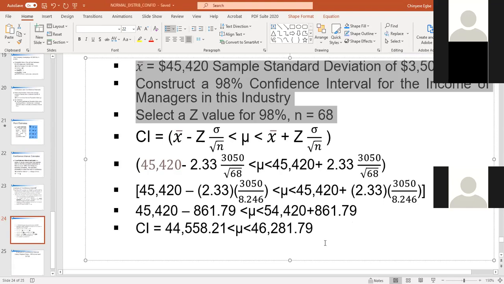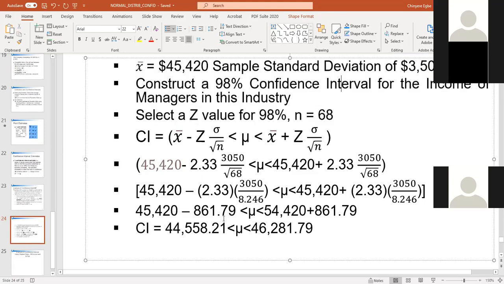Now that we have done that by hand because somebody gave us the sample mean and somebody gave us the sample standard deviation.